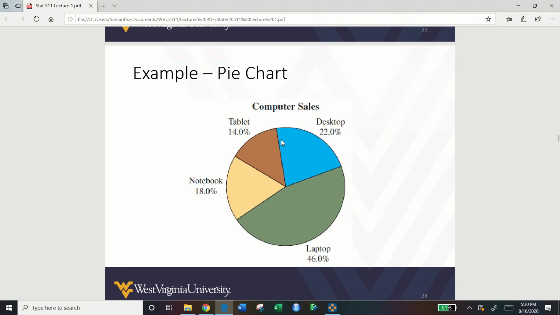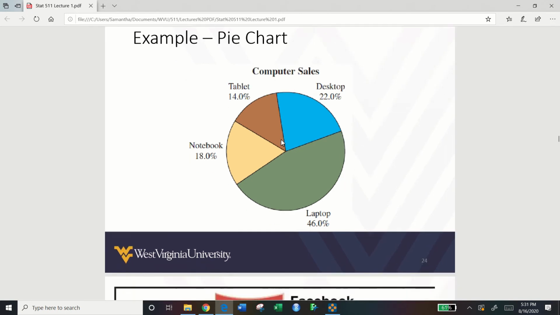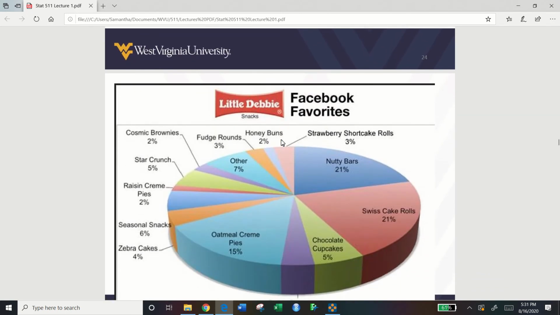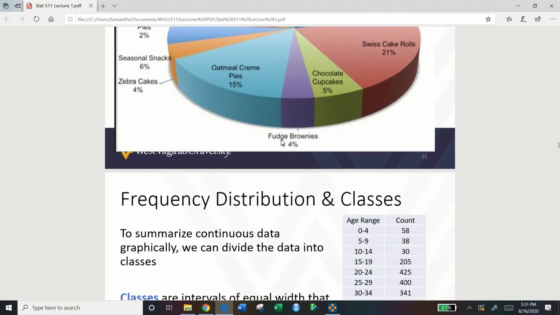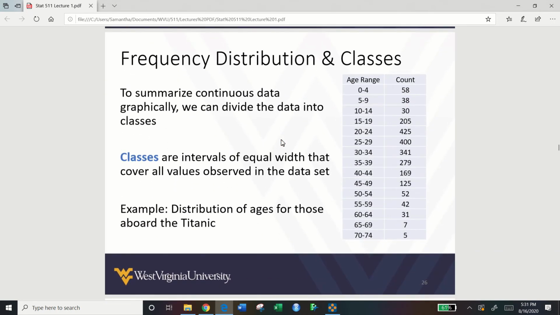So once again, using computer sales, we can have a pie chart with each wedge representing the correct portion. There are many ways we can draw a pie chart, particularly using things such as Excel and various other software.